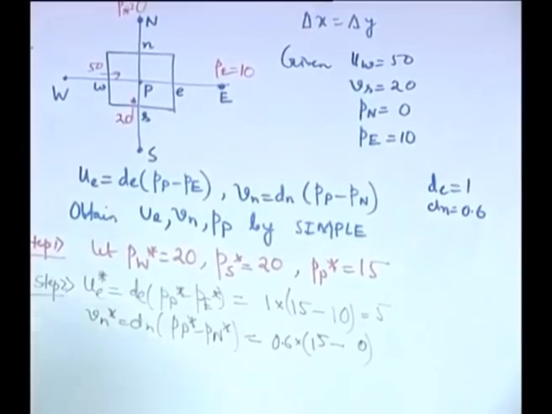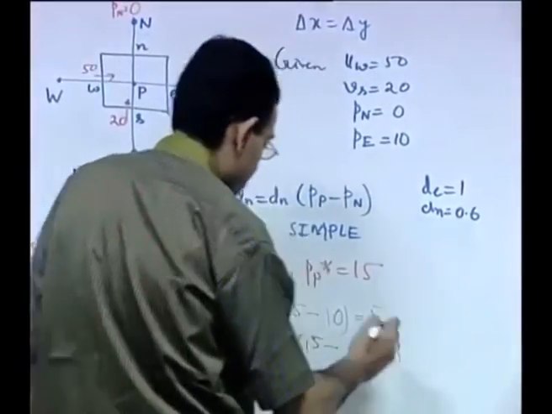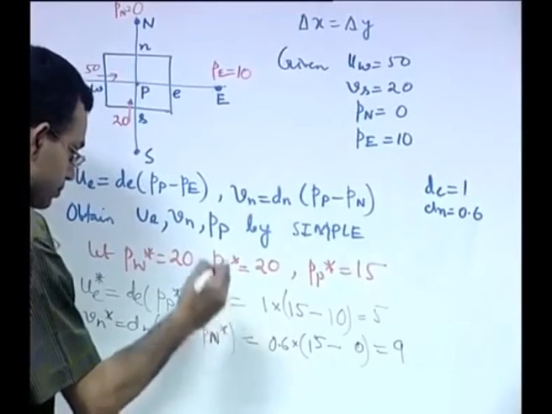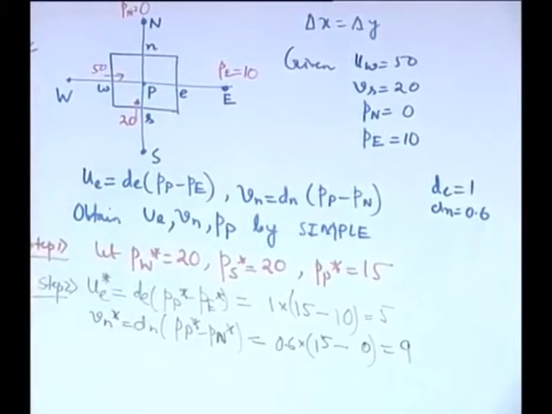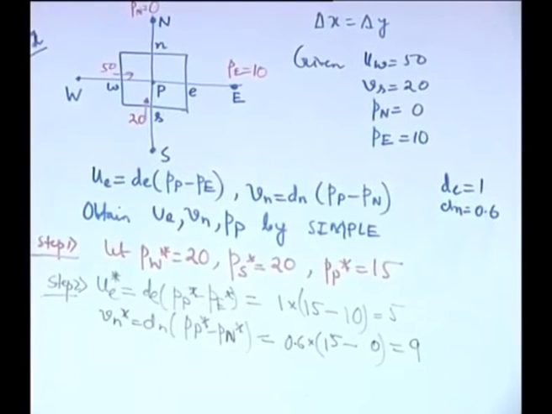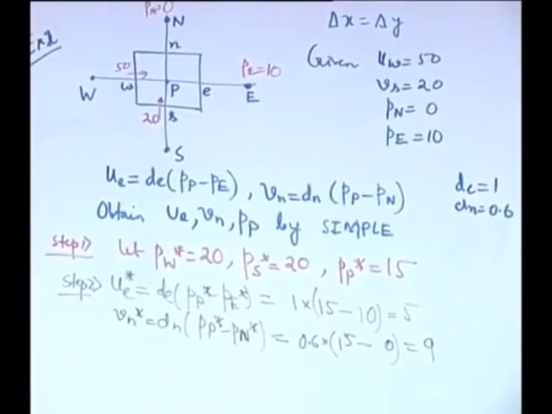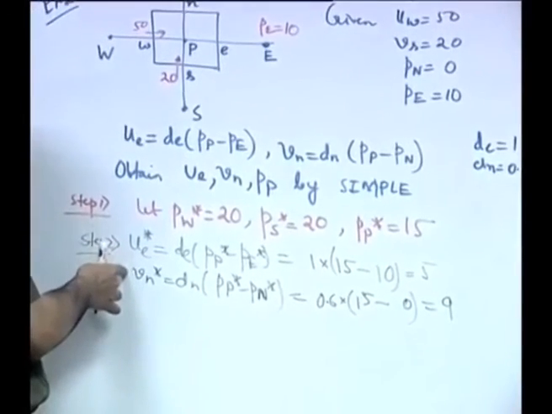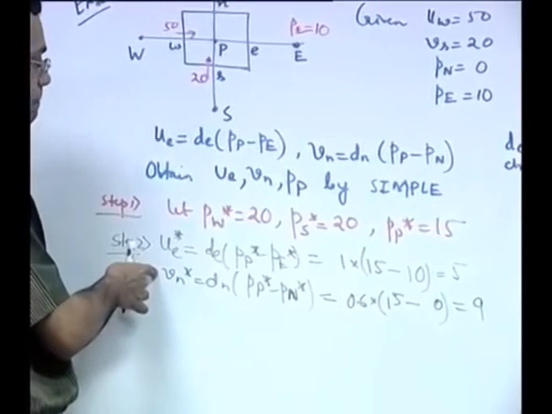So, that is equal to 9. This is Vn star. So, you have calculated the guess values corresponding to the momentum equation for velocity.